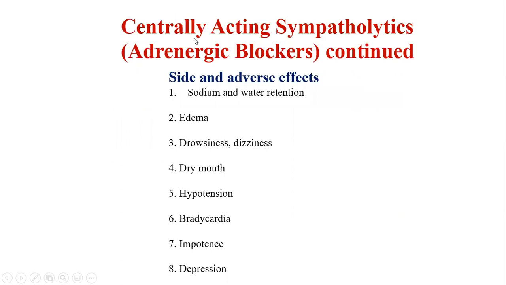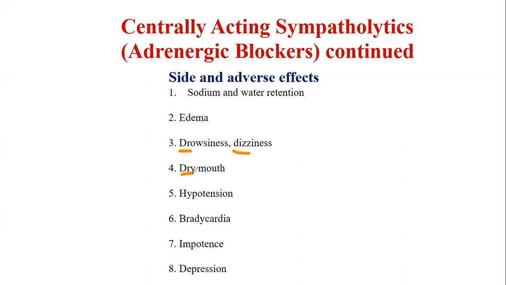Next, a common side effect is sodium and water retention, just like alpha 1 receptor blockers. Water retention leads to edema. An easy way to remember these groups of drugs is by D: drowsiness, dizziness, dry mouth.